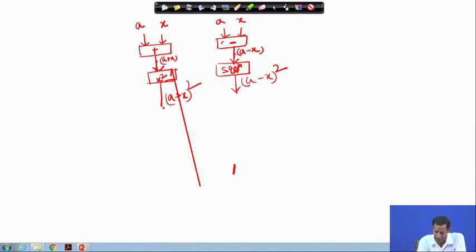Then again what do I need? I need to do one subtraction of this.